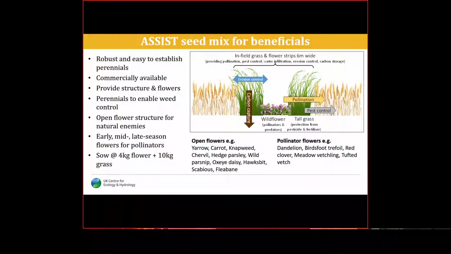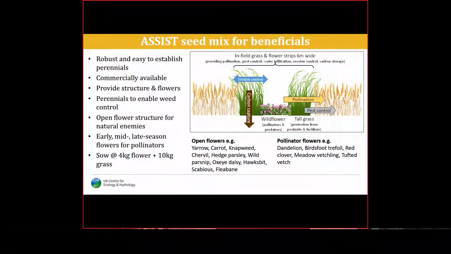And just to add to that, the schematic I'm showing here also shows that we wanted other benefits from the in-field strips, things like carbon capture and erosion control, wind erosion, particularly on peat soils. We wanted to increase water infiltration and things like that. So as well as pollination and pest control, we did need other things.